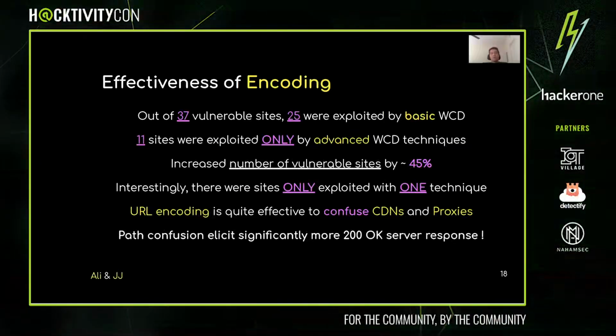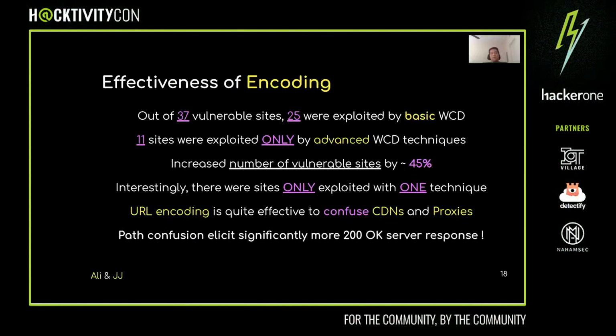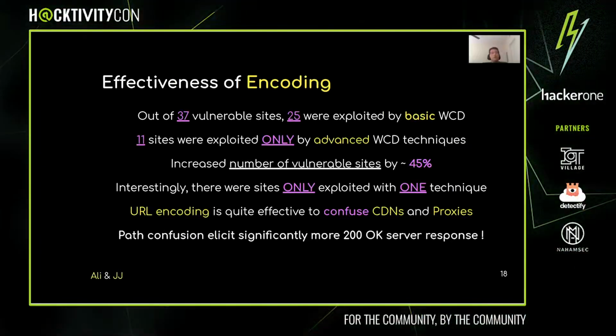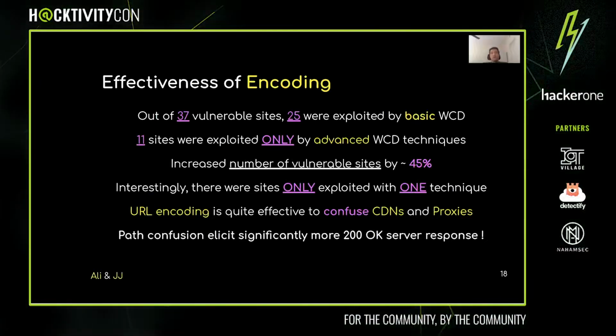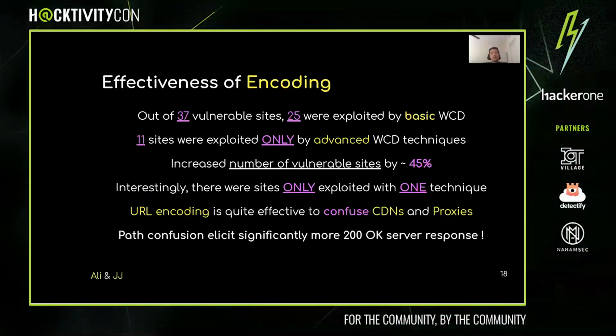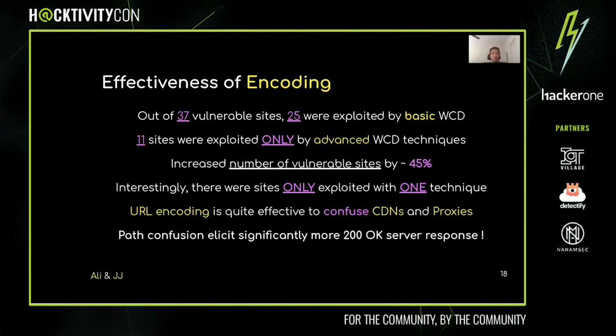It means URL encoding is quite effective to confuse different CDNs and cache proxies. And attackers should design the attack scenario based on each target. An attacker always has the upper hand to find the effective path confusion techniques.